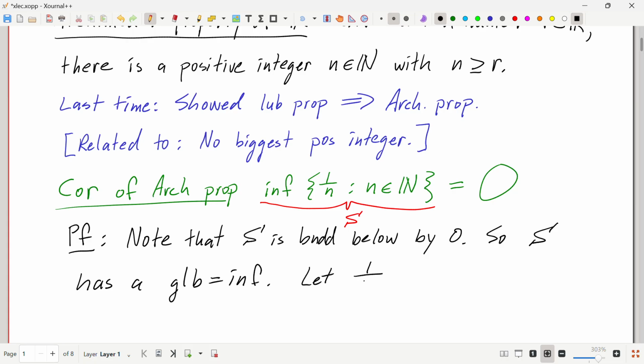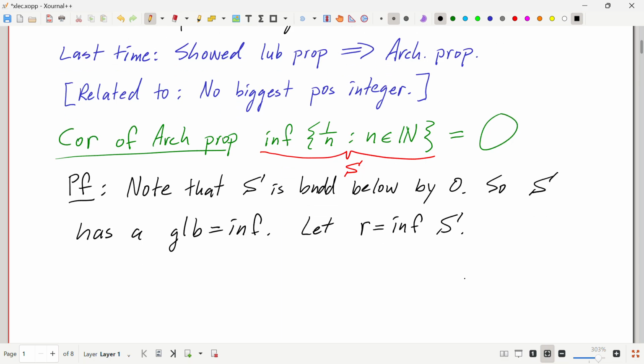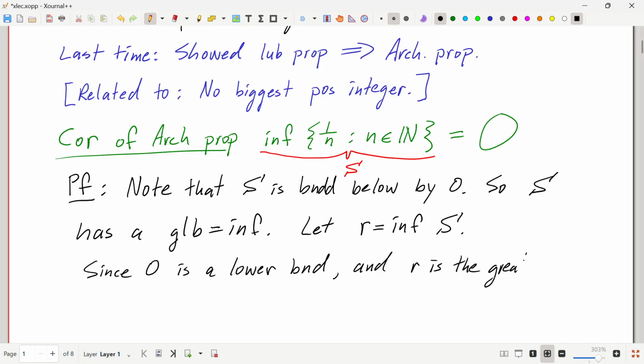Let r be that inf. Okay. Notice that since 0 is a lower bound and r is the greatest lower bound, we see that r must be greater than or equal to 0.